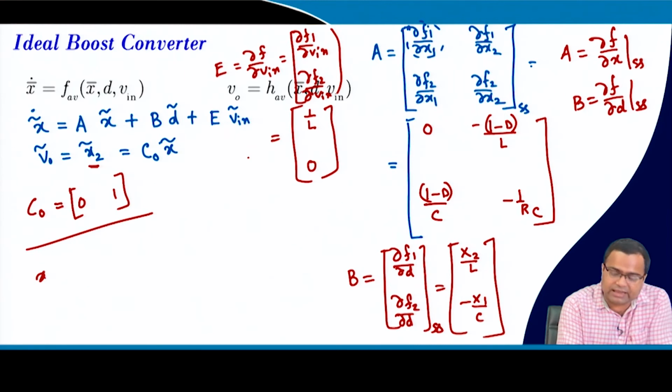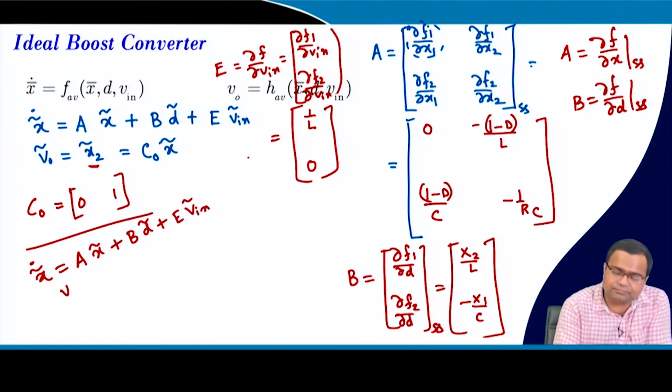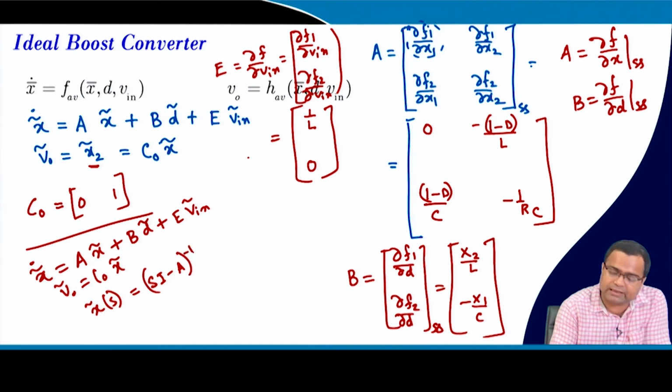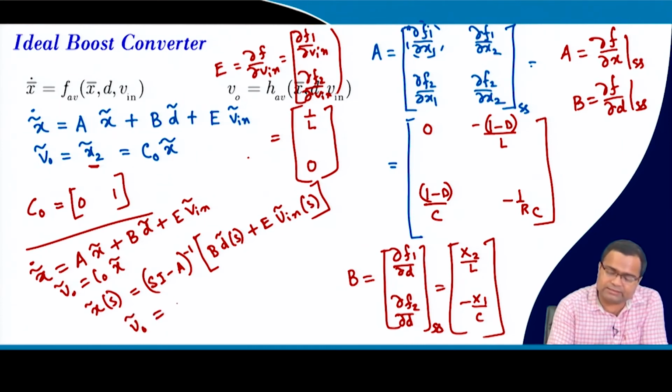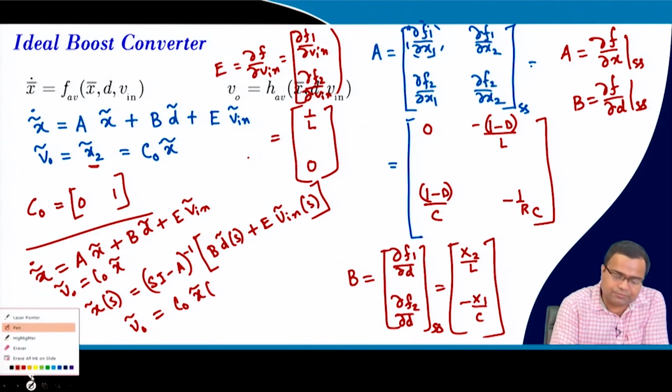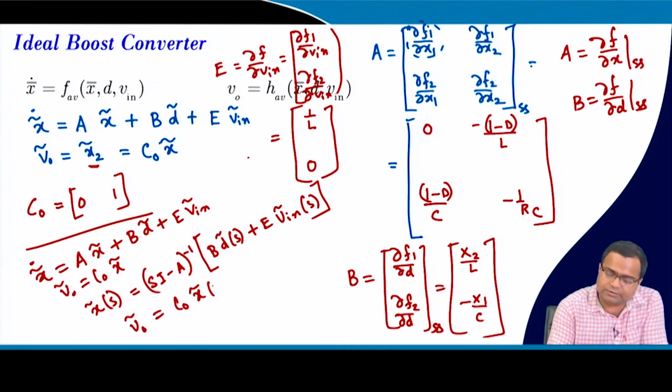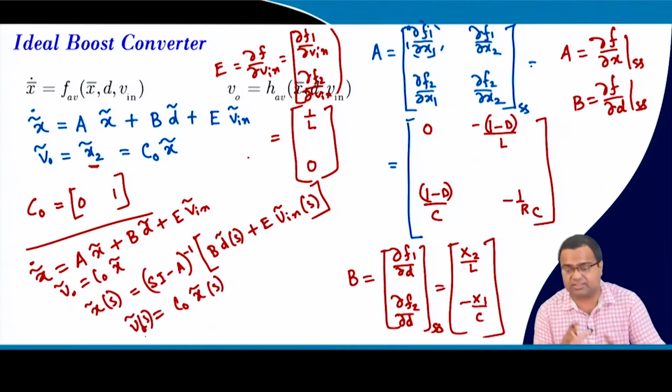Now, once you have x tilde dot equal to A x tilde plus B d tilde plus E v in tilde for any converter, and V0 tilde equal to C0 into x tilde, I can take the Laplace transform. X tilde of s will be (sI minus A) inverse times B into d tilde of s plus E into v in tilde of s, right, and then V0 tilde of s is simply C0 into X tilde of s. Then we can obtain different types of transfer functions from here.